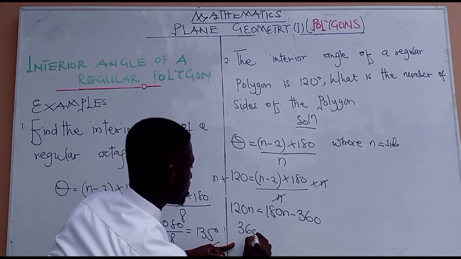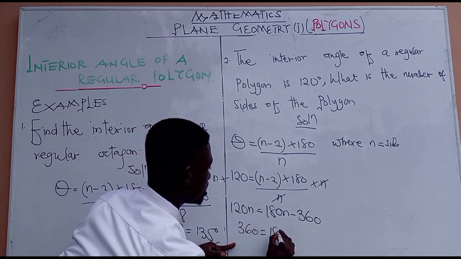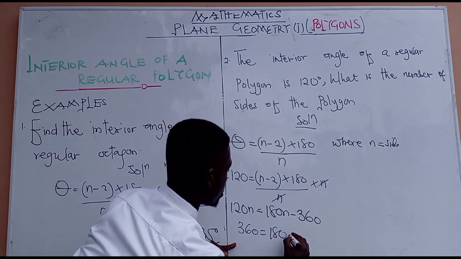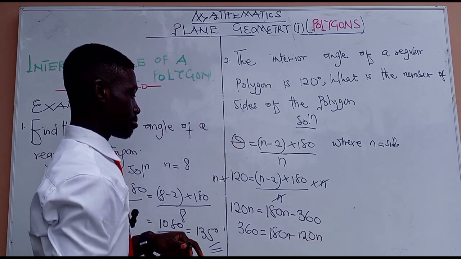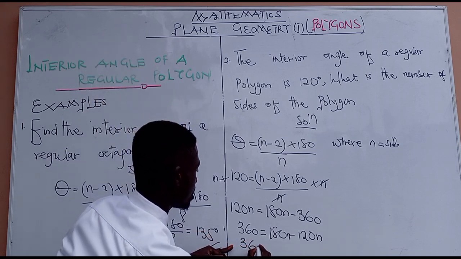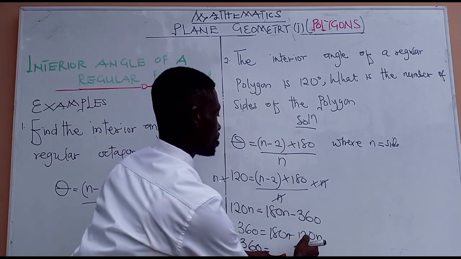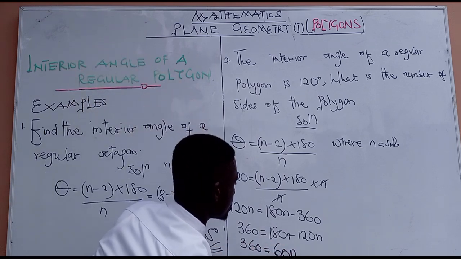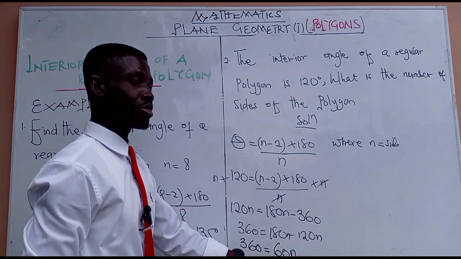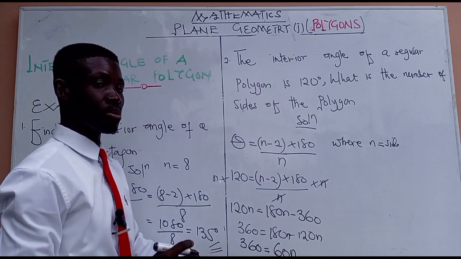We have 360 is equal to 180n minus 120n. We are going to have 60n. We are looking for n, not 60n, so we divide both sides by 60.